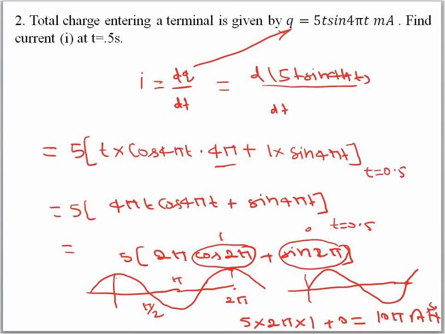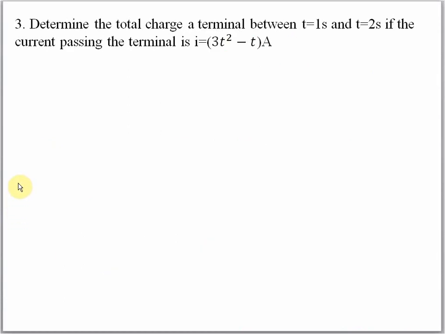Okay, let's go to the next slide. Our next problem is: determine the total charge at a terminal between t equals 1 second and t equals 2 second if the current passing the terminal is I equals 3t square minus t. Okay, as we have seen the expression of current, I equals dq by dt.